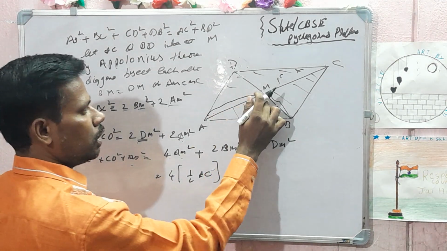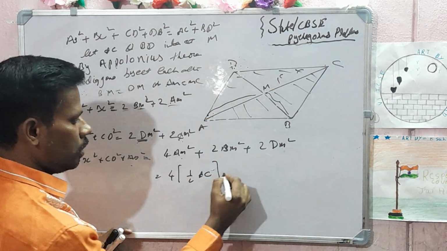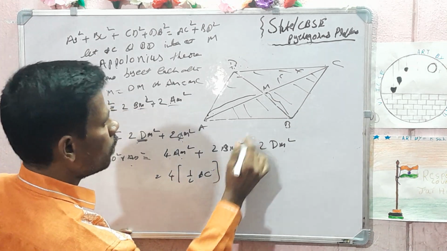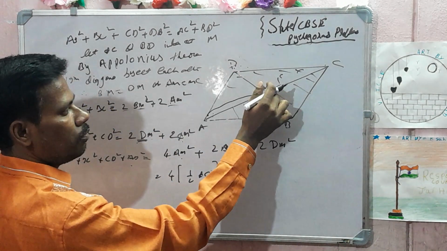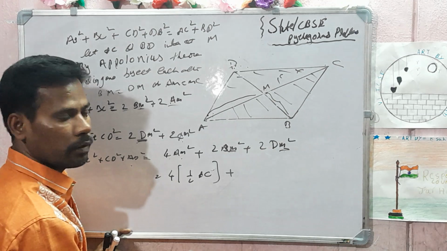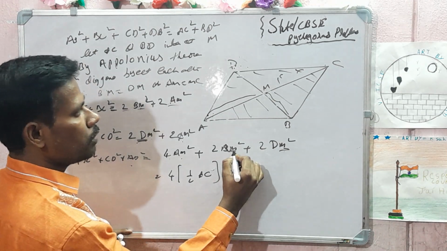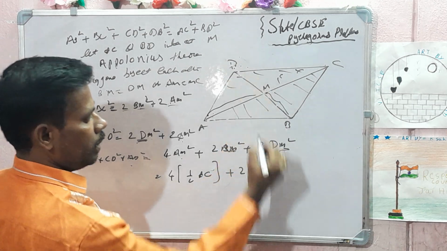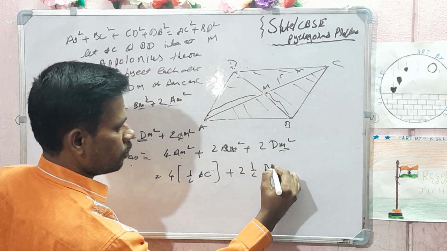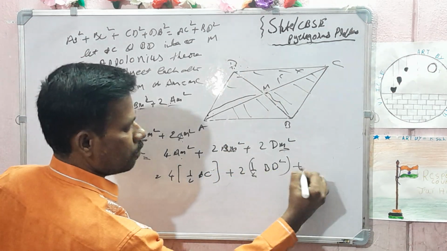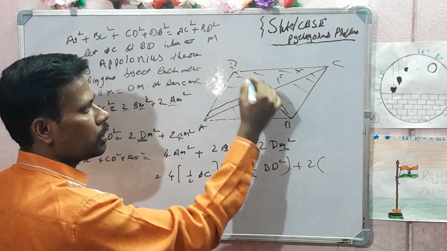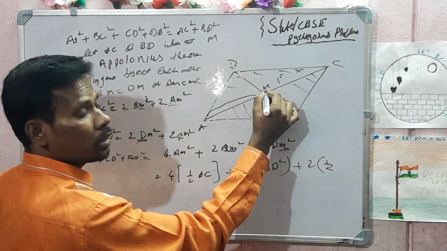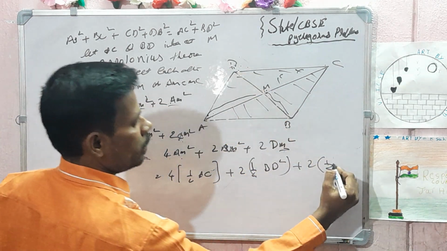How will you get this AM? Half of AC, plus here BM and DM are given. So BM is nothing but half of BD, plus 2 into DM. DM length, how will you get? Half of BD.